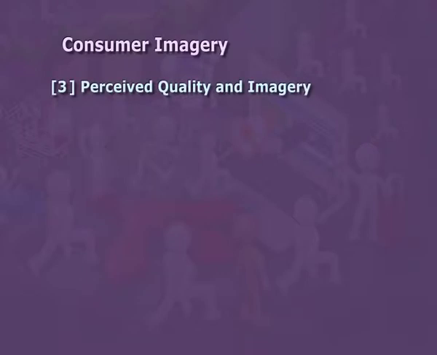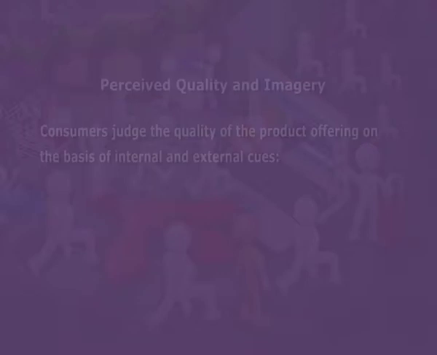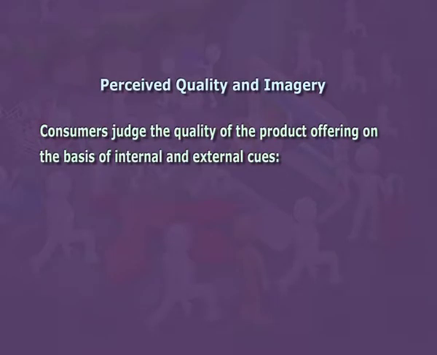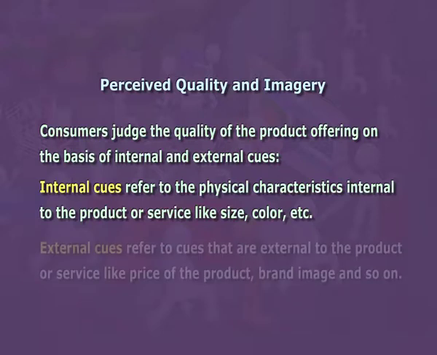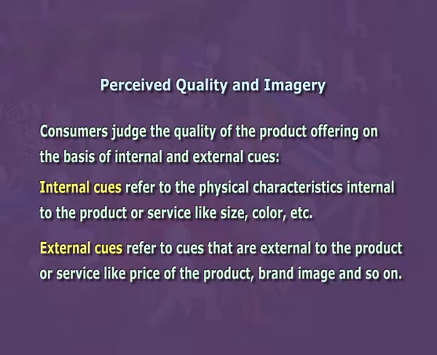Thirdly, perceived quality and imagery. Consumers judge the quality of the product offering on the basis of internal and external cues. Internal cues refer to the physical characteristics internal to the product or service, like size, color, etc., while external cues refer to cues that are external to the product or service, like price of the product, brand image and so on.